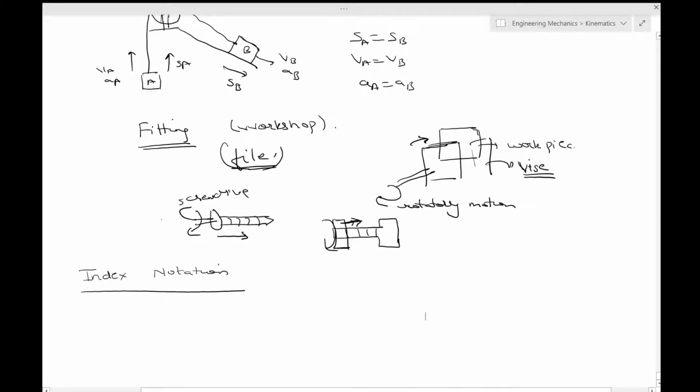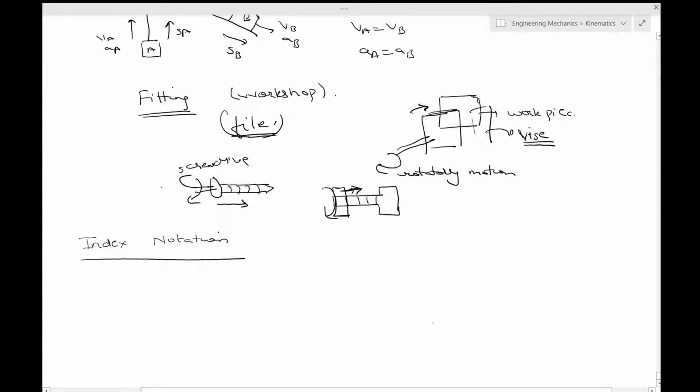If you have your coordinate system as, say, x1, x2, x3, it would be e1 hat, e2 hat, e3 hat. This is your frame F.